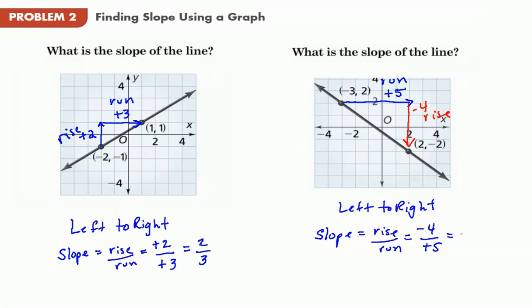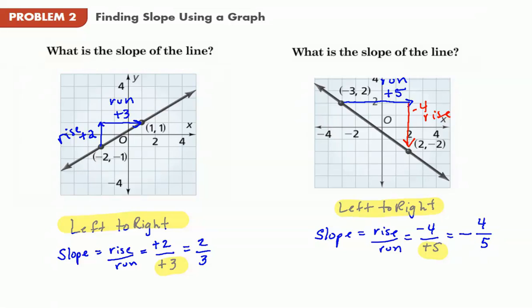Since one's negative, we're going to put a negative in the center, and it's going to be -4/5. So this is going to be our slope. The key is, guys, always go from left to right. The run will always be positive. And always go from left to right to choose your first point.